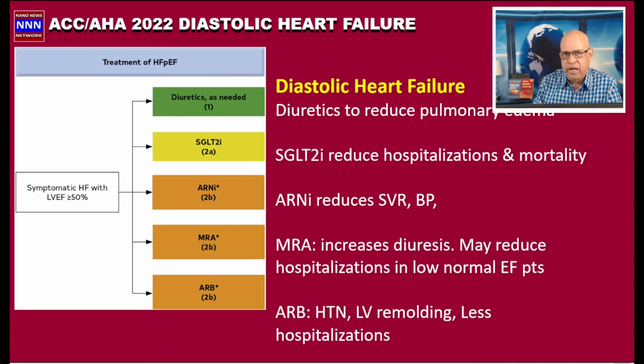Those who had systolic function of 45 or 50 found some benefit in reduced hospitalizations. Then the ARBs, which of course help if the patient has hypertension. They help in remodeling of the ventricle in patients with congestive heart failure due to reduced ejection fraction, but they haven't shown such benefit in patients with diastolic heart failure. They have been shown to reduce hospitalizations.